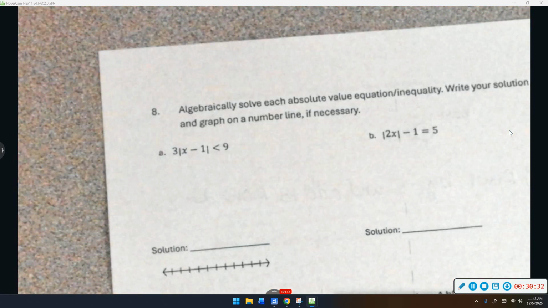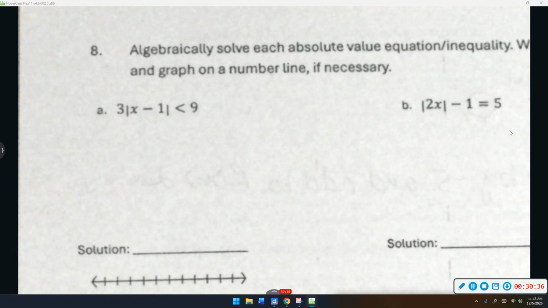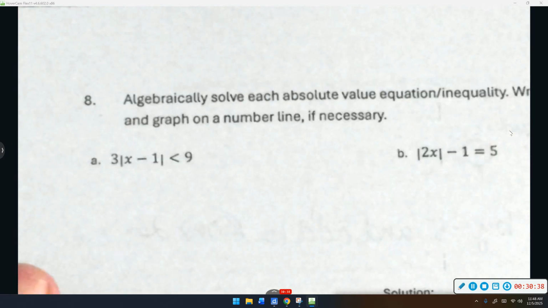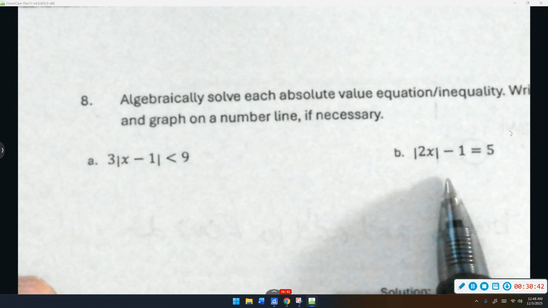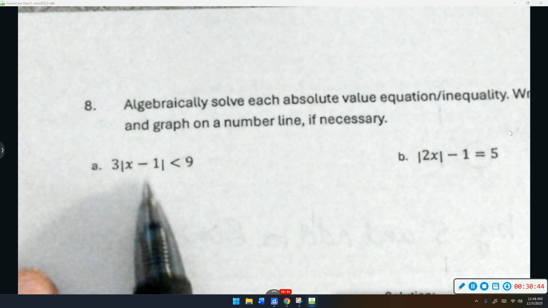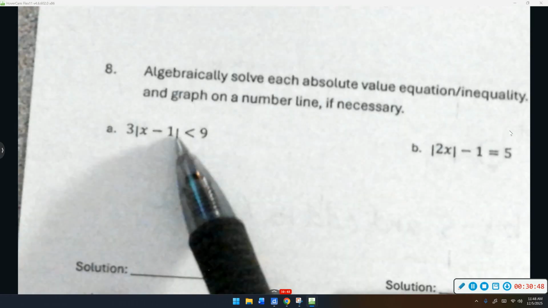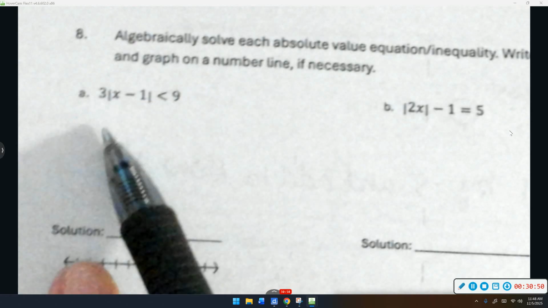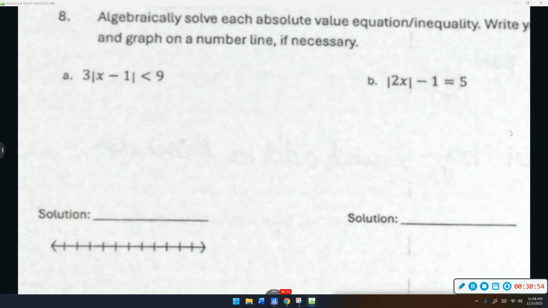All right, number 8. Okay, we're not going to do this algebraically. I'm so sorry. I know we're not. I'll do the second one algebraically, but this one I'm going to do on Desmos. Okay? Write your solution and graph on a number line if necessary. So how do I put this in Desmos?